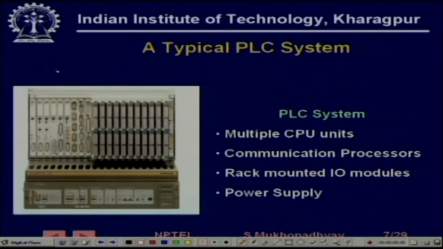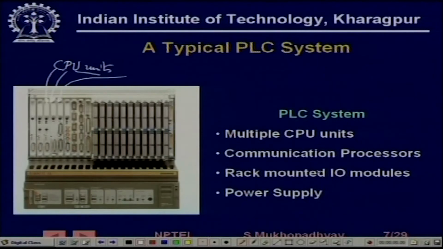Actually, if you look at them, these are the various CPU units. Okay. Some of them could be communication processors or other coprocessors. One of them will be the main processor.